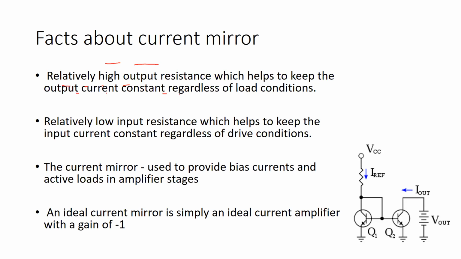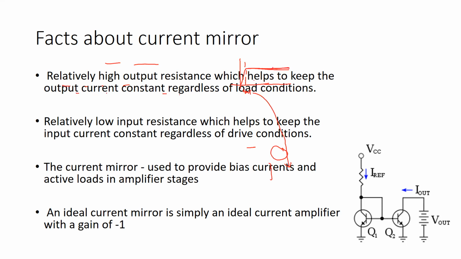It means when you have this I out, which is a replica of your reference current, the output transistor current can be drawn like this, ideally. So this is the minimum voltage, which we have seen is the V out right here. This is the minimum voltage that must be dropped across the collector-emitter of your transistor Q2 so that your transistor is maintained in the active region. When I say active region, it means the transistor is operating in a saturated mode.